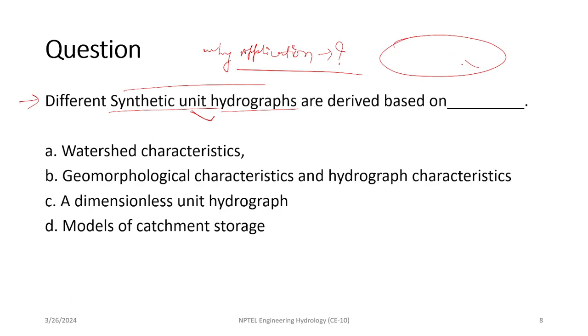We don't have hydrological data, but yes, we have an idea about its catchment characteristics or catchment properties. Knowing the catchment properties, we want to derive the expected unit hydrograph which can occur if any stream is flowing here. So we can predict here.